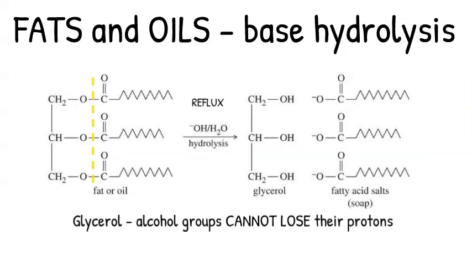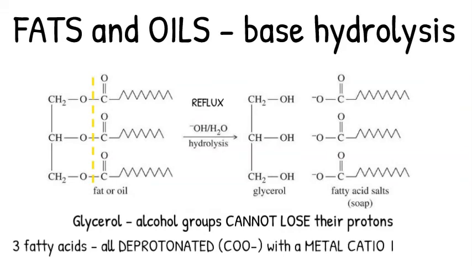But this time, because it's in base conditions, instead of the fatty acids having their protons, they have all lost that proton. And they could have a metal cation forming an ionic bond with the O-. You can draw the product of base hydrolysis either way, with or without the metal cation. But note that the salt of a fatty acid is actually known as soap. Yes, this is how you get the soap that you wash your hands with.